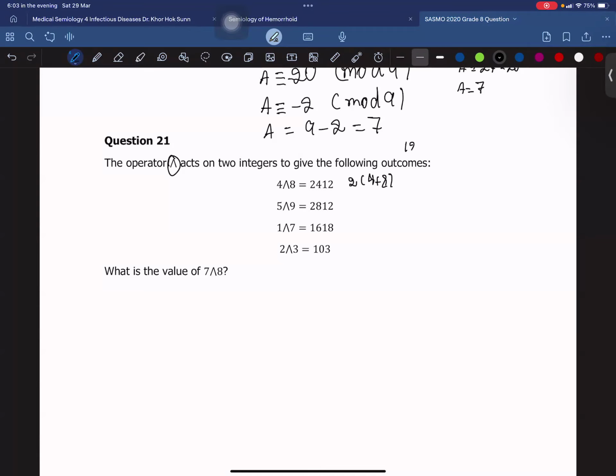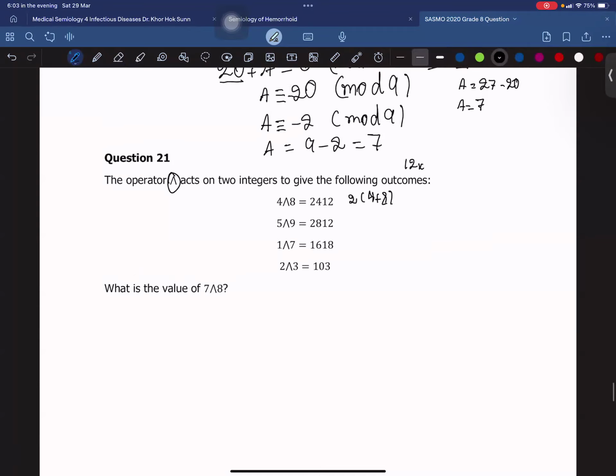It's going to be 12 times 2. So 12 times 2 is 24. So as we can see in here, 4 plus 8 times 2 is going to be the first digit in here. So it's going to be 24. And wait, how can we use it to find this digit?